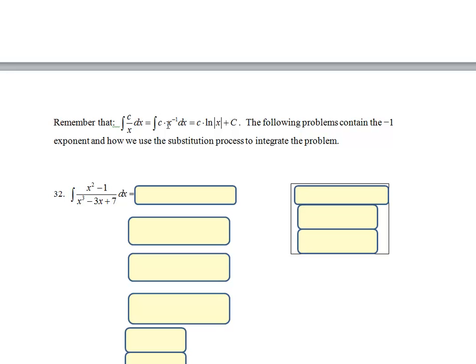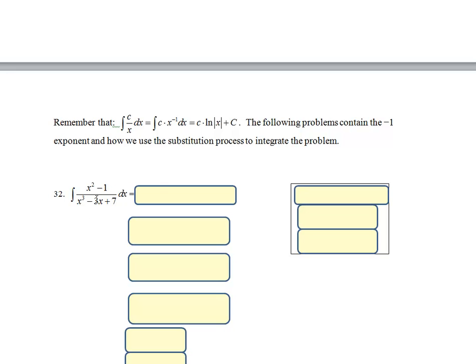Once I rewrote it, this equaled that constant times natural log of absolute value of x, whatever was attached to the negative 1, plus c. So the following problems contain the negative 1 exponent, but it's not just the x. So we're going to see how the substitution process is going to help us integrate these problems.